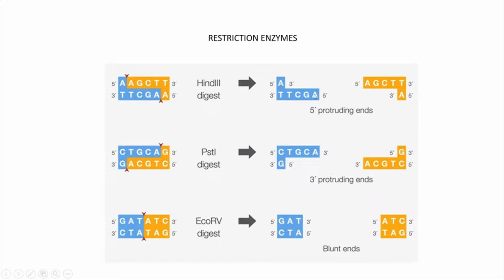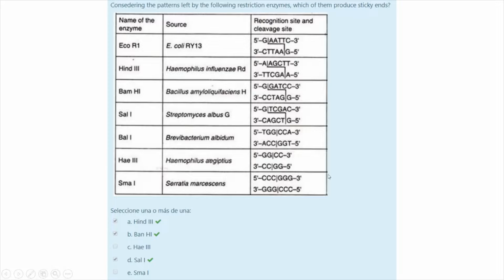If you're not going to join it, if you're just going to analyze the DNA that you've got, sometimes it's enough to have an enzyme that cuts the DNA like that. So we've got sticky ends and blunt ends. That was one of the questions in the questionnaire. It was just asking you which of them produced those sticky ends. Which of these?